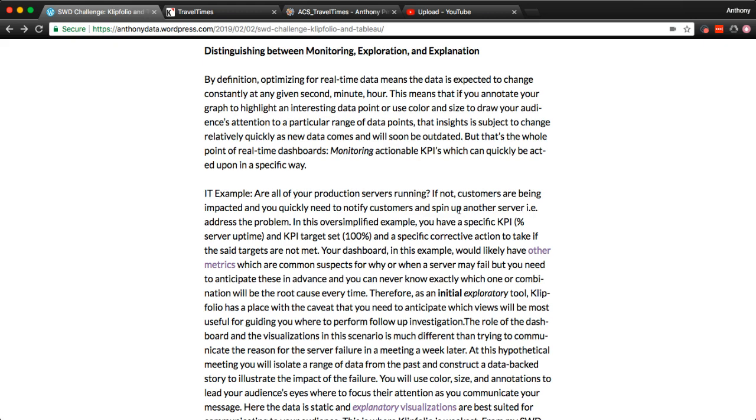And for these monitoring types of dashboards, you already know a lot in advance. So you're just looking for changes, and upon seeing those changes, you're going to have some action that you can take.